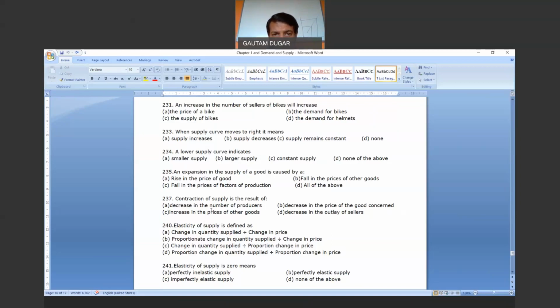So, coming to 233, when supply then obviously supply increases. That's the right answer. Next one, 234. 234 is lower supply curve.